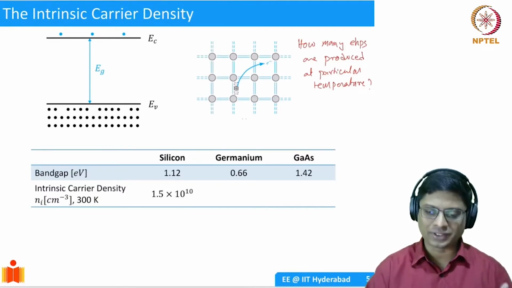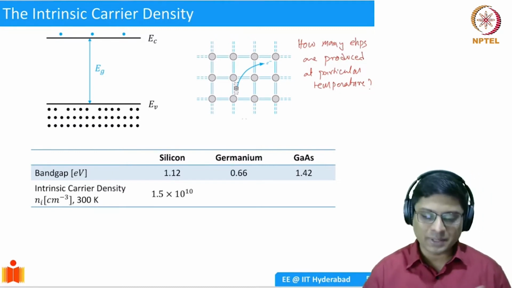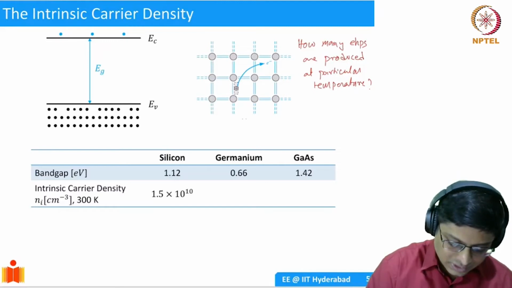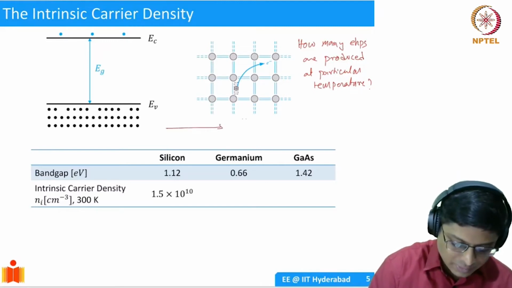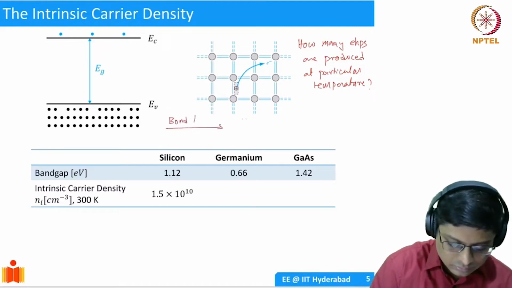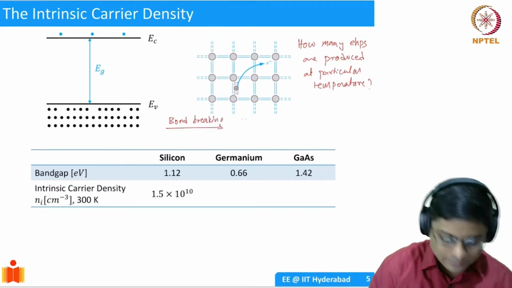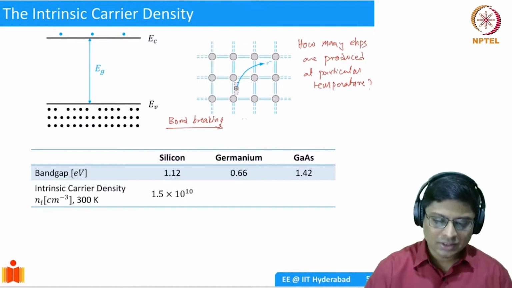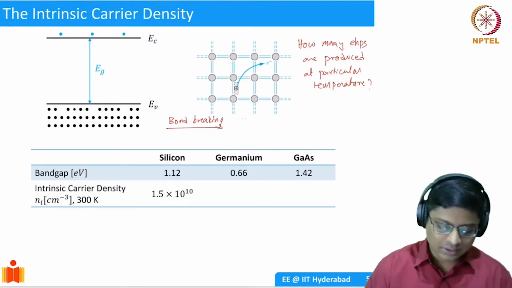That is the forward direction. Now there is a sort of an equilibrium established. The reason is, if you think about it, in the forward direction, you have basically the bond breaking. This is one of the forces, where you're supplying energy. So basically, bond is breaking, right?